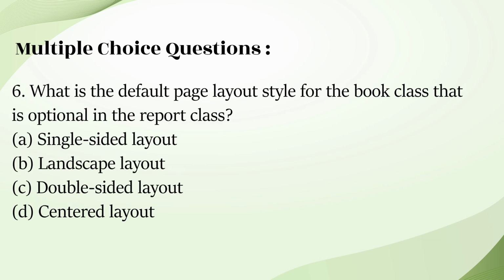What is the default page layout style for the book class that is optional in the report class? Options are single-sided layout, landscape layout, double-sided layout, centered layout. So the default page layout style for the book class is double-sided layout. So the correct answer is option C.